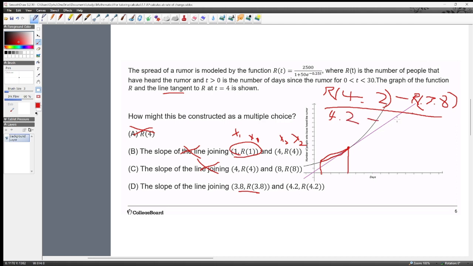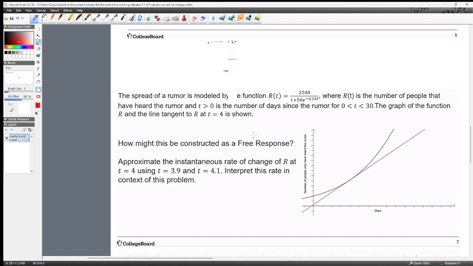But this one, since it's getting very close to the exact interval that we're looking for the instantaneous velocity, instantaneous rate of change, that's why D will be right, because it's giving us r of 4.2 minus r of 3.8 divided by 4.2 minus 3.8, which will give us a rate of change.